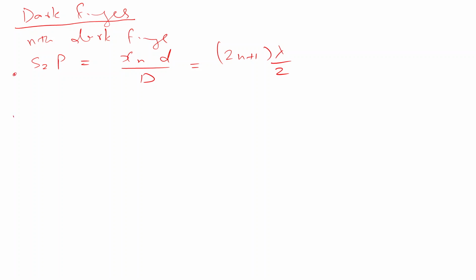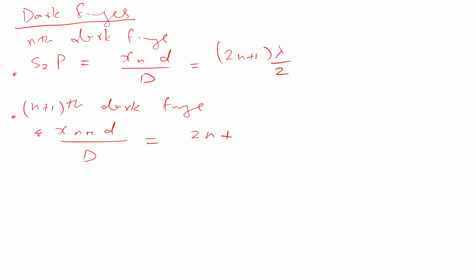Now next, for the n plus 1th dark fringe, the path difference will give xn plus 1 d divided by capital D equal to n plus 3 times lambda by 2, the next, right?